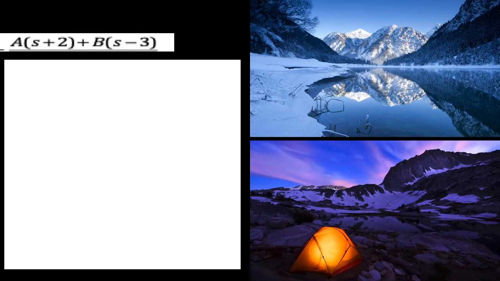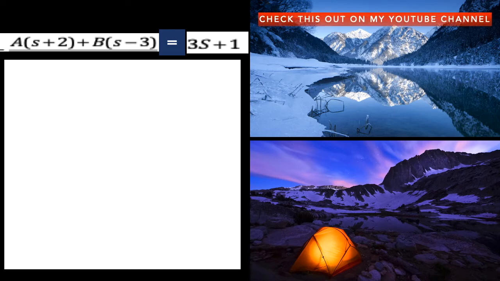Equating the numerator, as I've stated, we'll have a open bracket s plus 2 plus b open bracket s minus 3, and it's equal to 3s plus 1. So what we're going to do is a trial and error method where we try to eliminate either a or b to calculate the value of the other one.